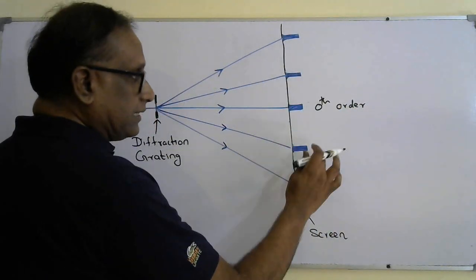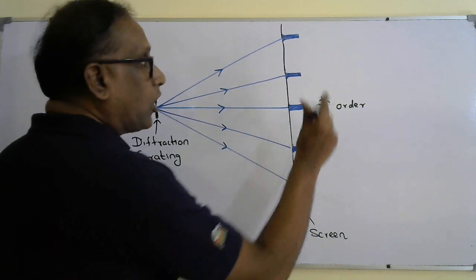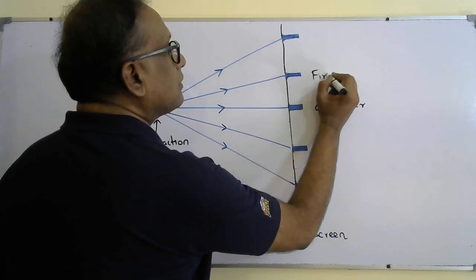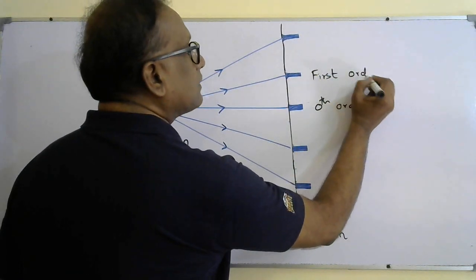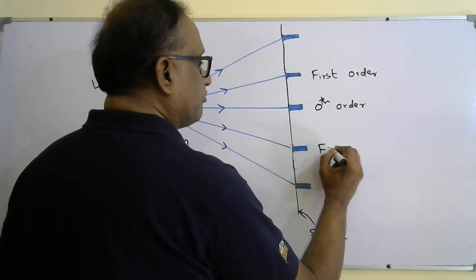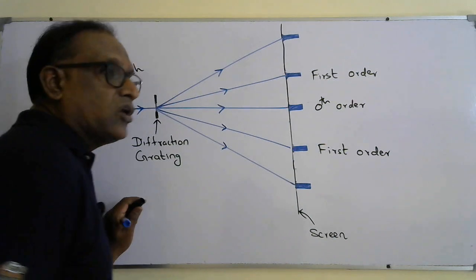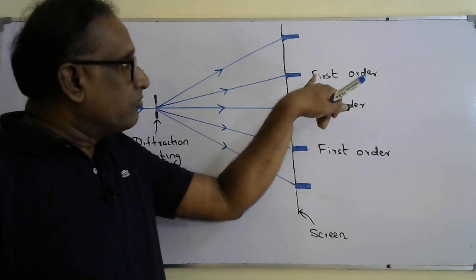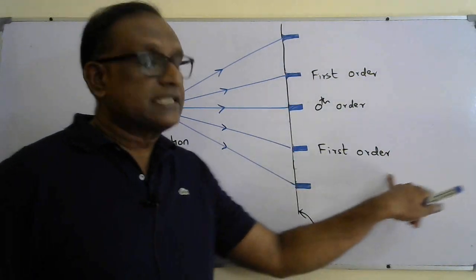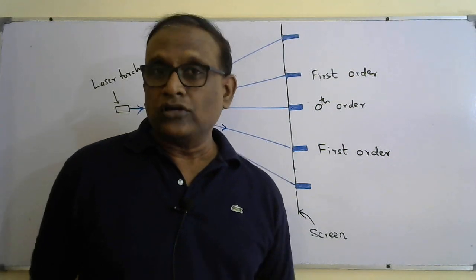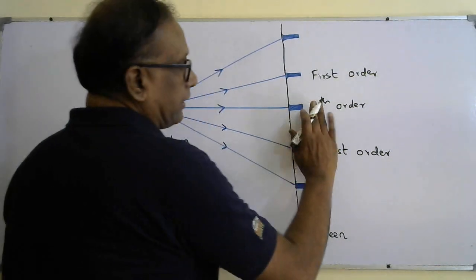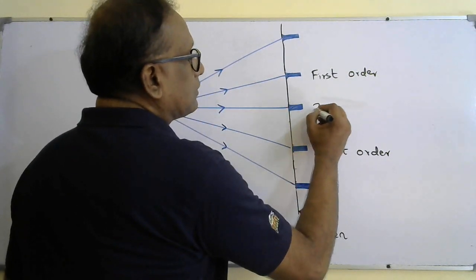On either side, the next bright bands are called first order. This is also called first order. In double slit, we call it central maximum and first maximum. Here we call it first order bright band or bright fringe. This is called 0th order.